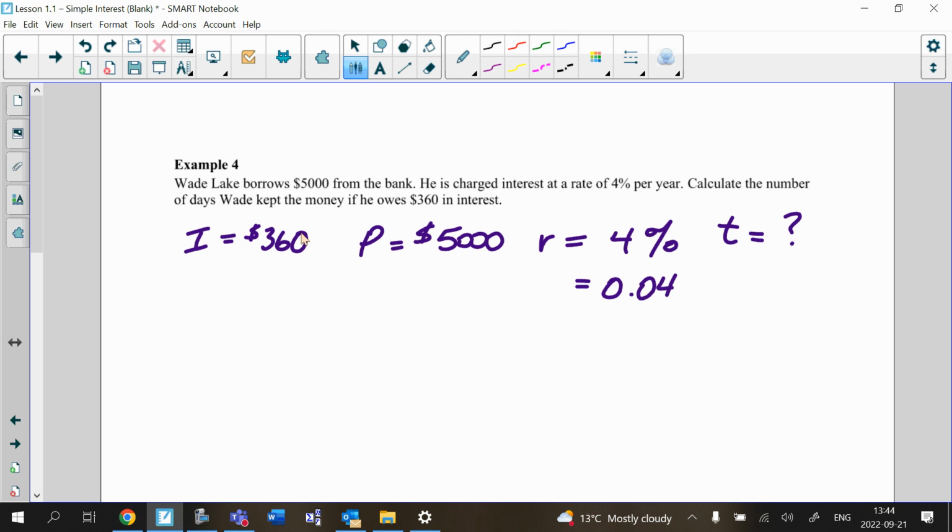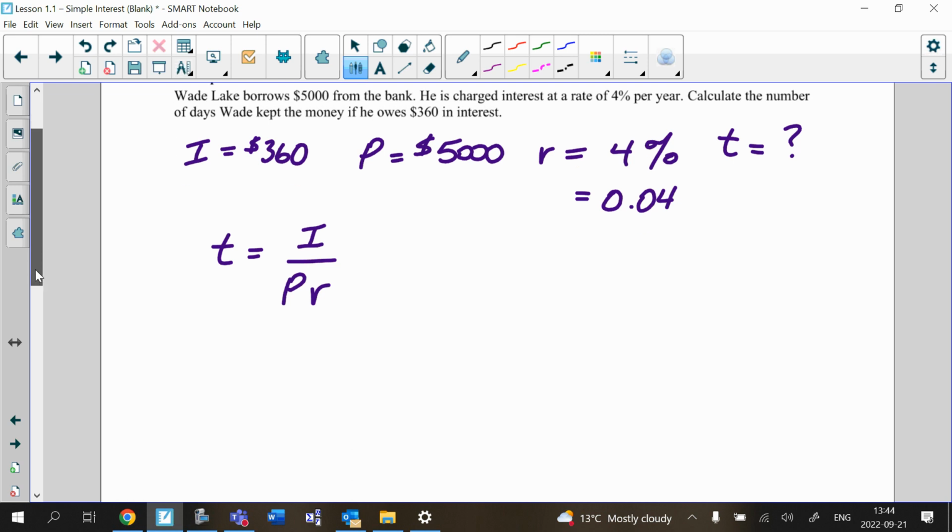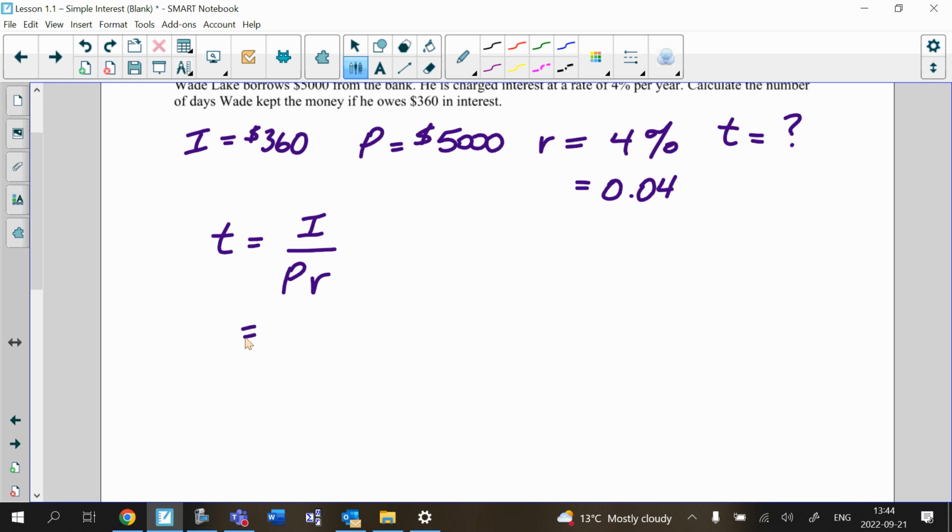So the interest is 360 divided by the principal 5,000 times the rate 0.04. And we've got to do the multiplication first. And when we do 5,000 times 0.04, we should get 200.